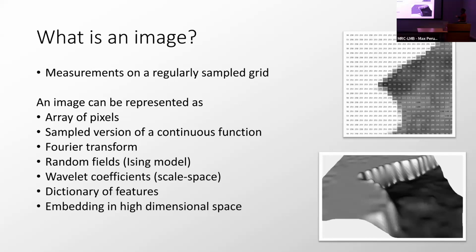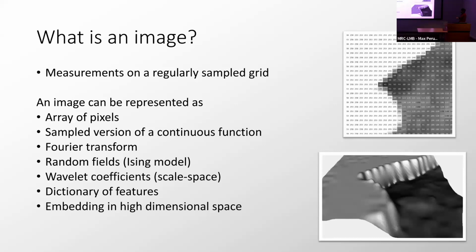You can think each pixel is actually a node in a graph with links to the neighboring pixels, so it would be a very connected graph. This is with a random value and probability of transition between the pixels. So it's a random field, an Ising model, for example.